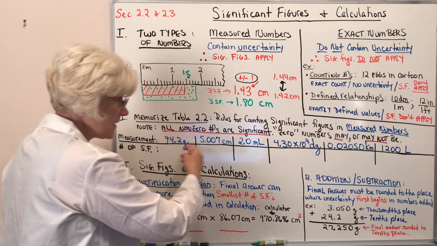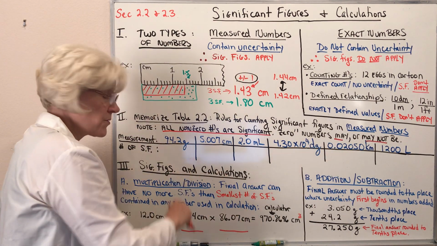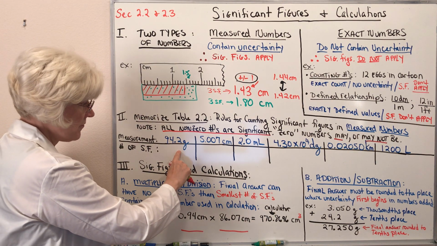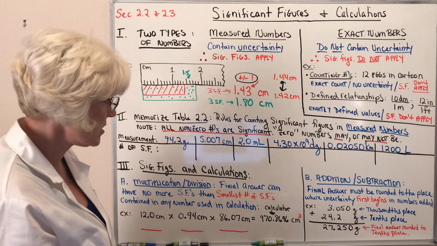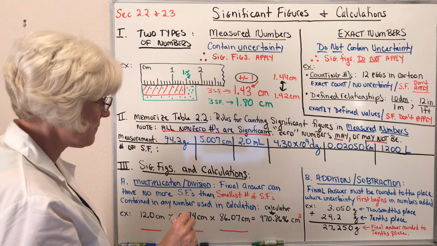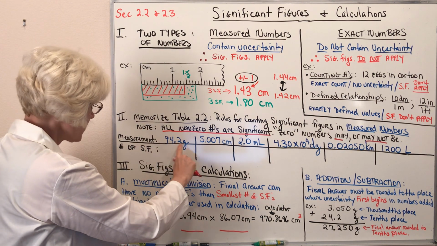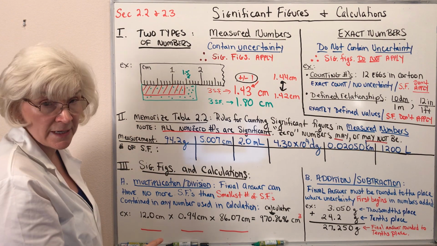I'd like to just illustrate those rules with examples and state the rule as we go through. So our first measured value, notice all of these measurements have a unit attached to them. So we know these are all measurements that have been made and contain uncertainty. So here's the measurement. We're going to count the number of significant figures in that measurement.